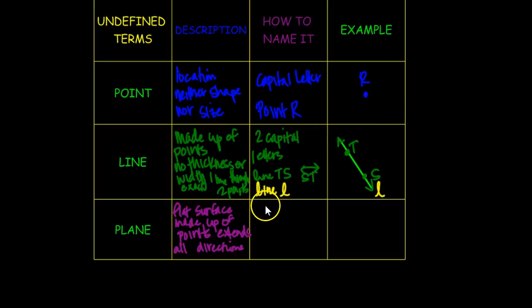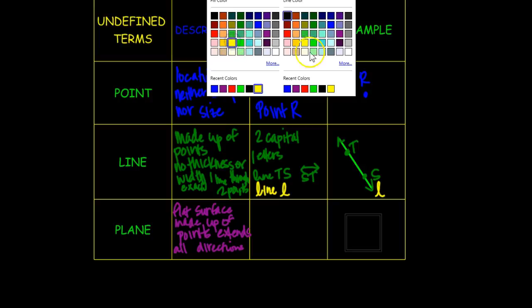All right, how do we name it? Well, we name a plane by a scripted capital letter or 3 letters. So let me draw the picture first. Might be more beneficial here. Let me draw a picture of a plane. See if I can tilt it a little bit.